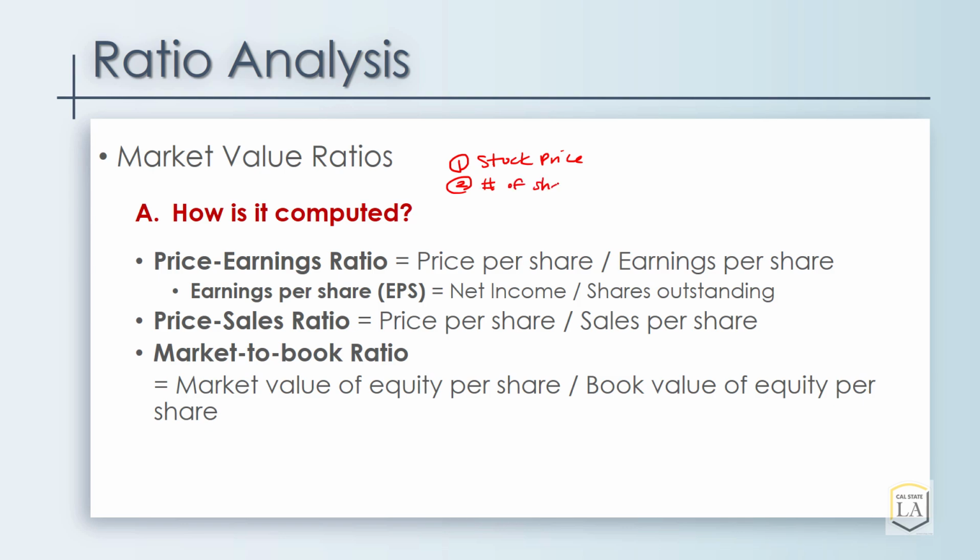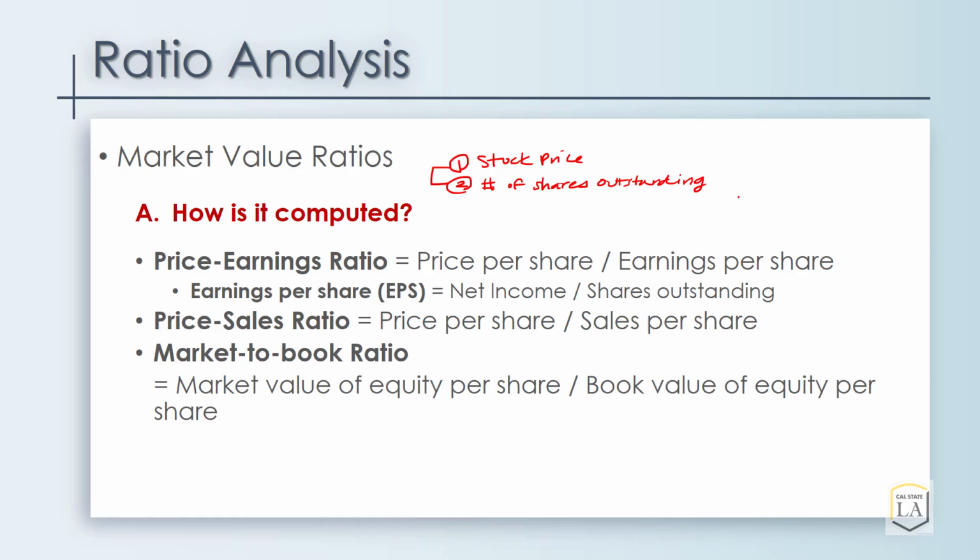For those of you who are not familiar with the number of shares outstanding, this would indicate the number of stock shares that are available to investors in the market right now. So these two, which should be obtainable from the market, are necessary ingredients to compute the market value ratios.